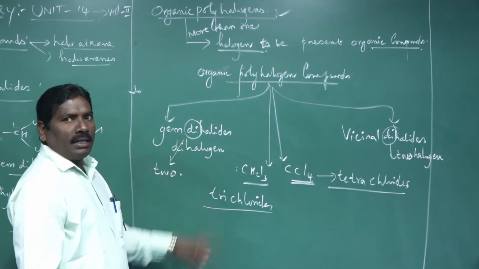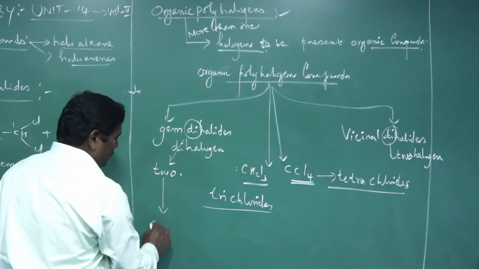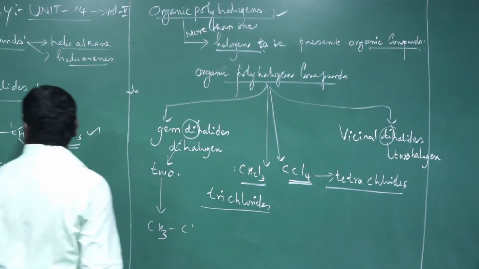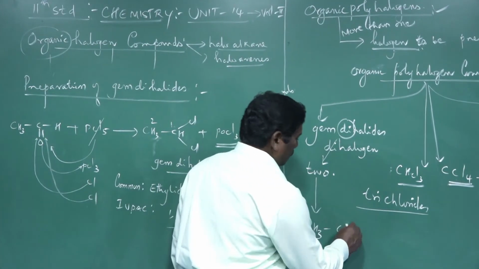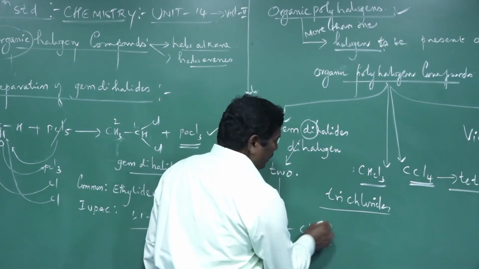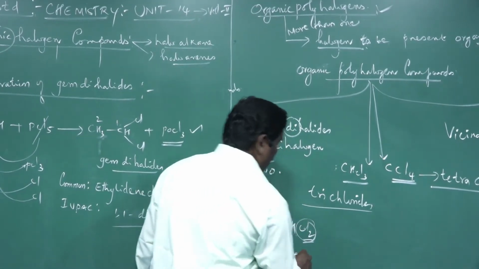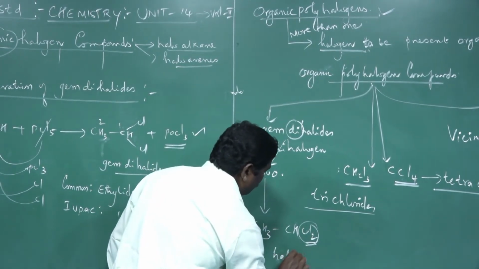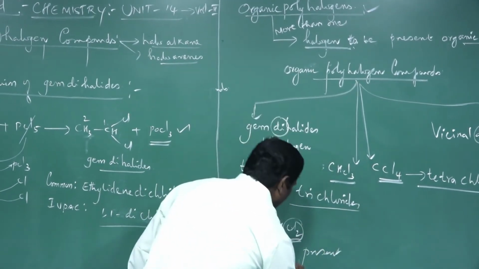The definition of gem dihalides: take CH3CHCl2. The two chlorine atoms, the two halogens, are present on the same carbon atom.